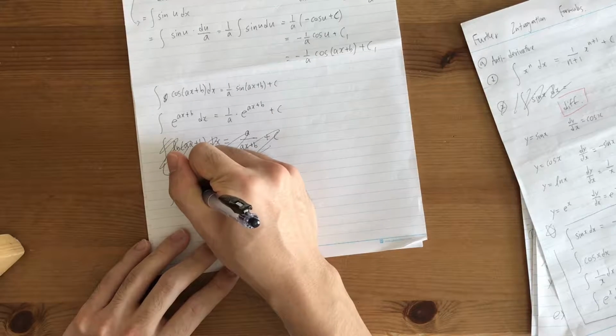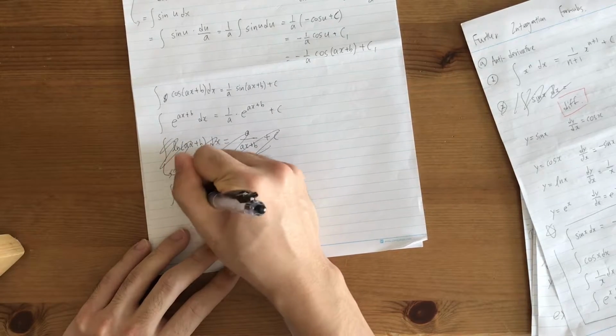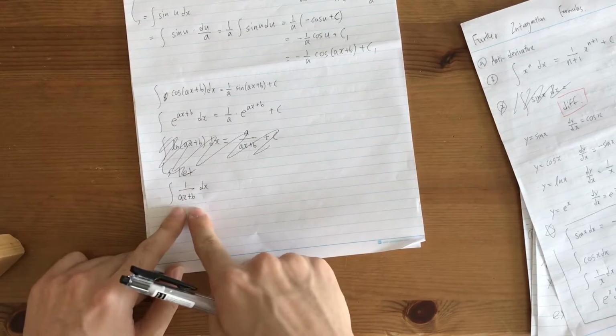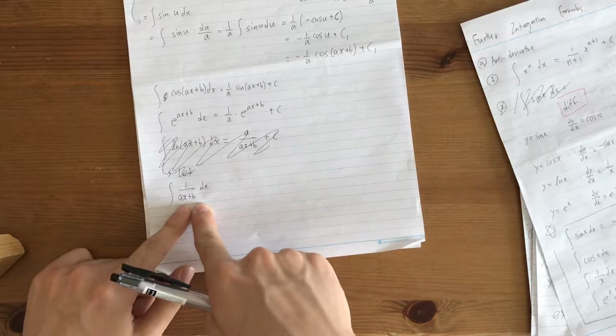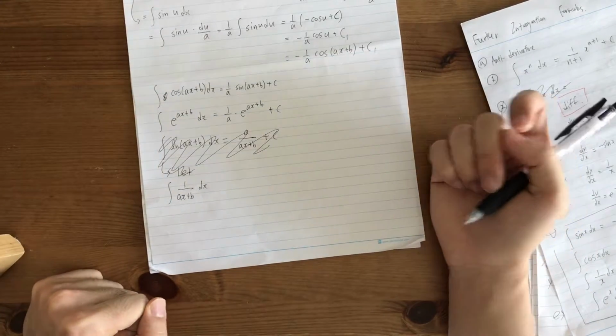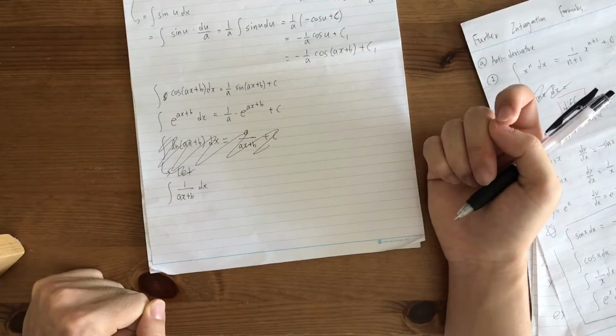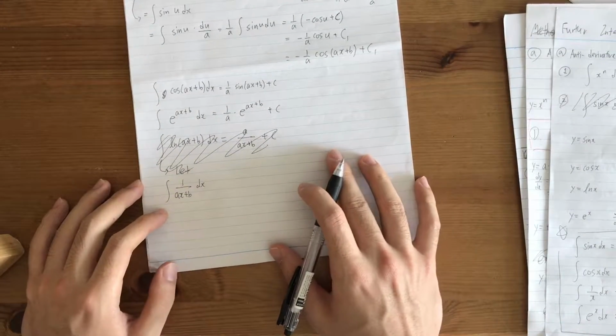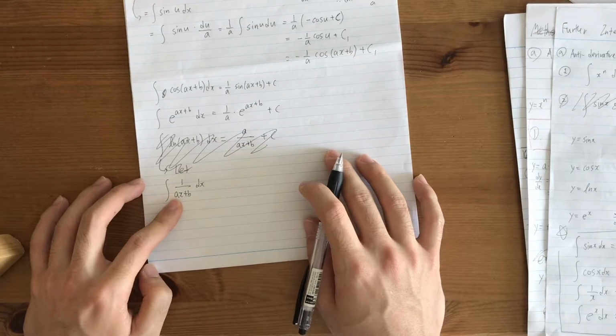So for example, what I was trying to do is this. So what do we have to do if we have to integrate that? So again, we know how to integrate 1 over x, right? If we integrate 1 over x, we'll have ln x. But what if we have a linear function in the denominator?